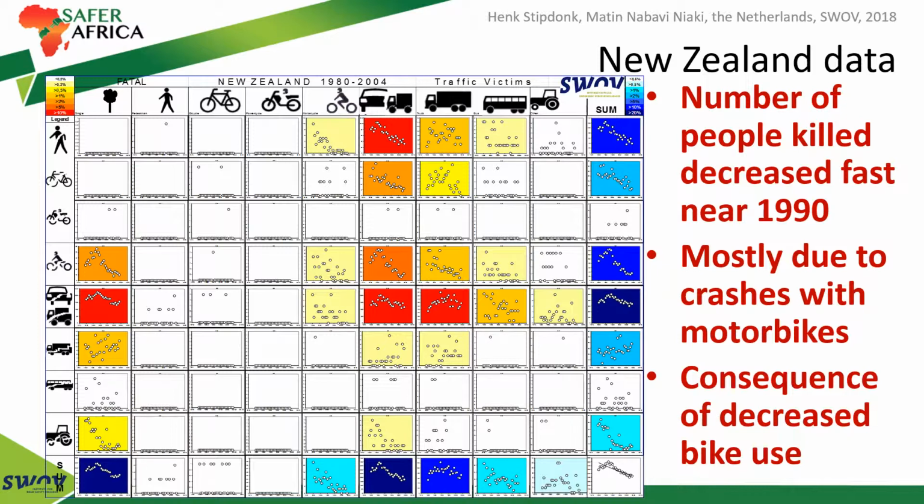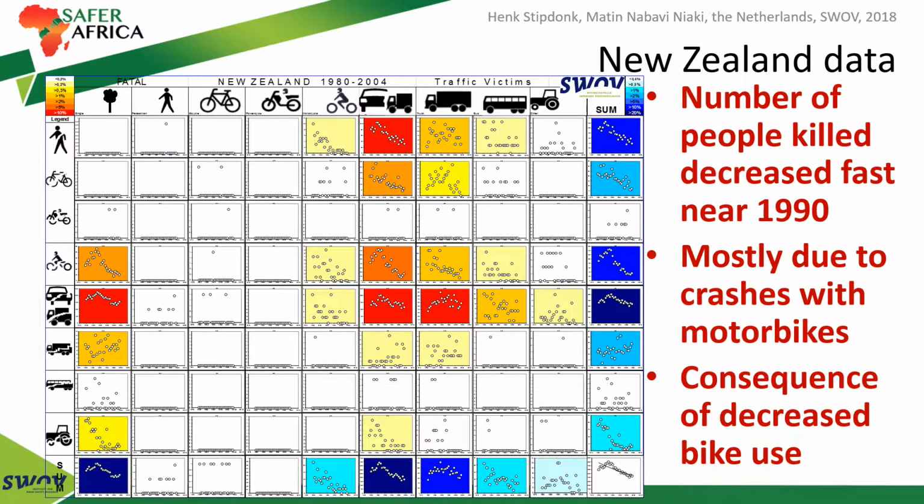But this decrease can be attributed to a specific decrease in the number of people killed as power two-wheelers, as motorcycle riders, as you can see on this line over here. We see that the total number of people killed as a motorcycle rider has strongly decreased in the 90s, much stronger than all other crashes.